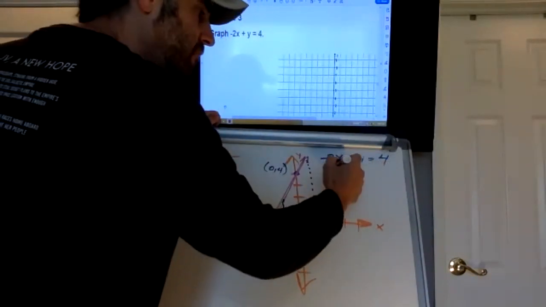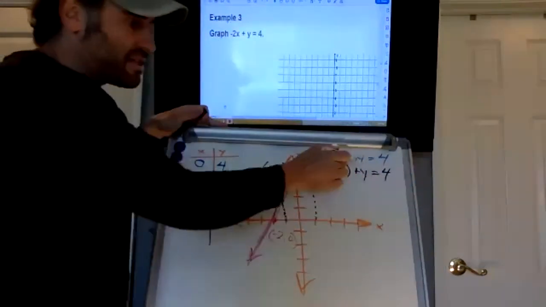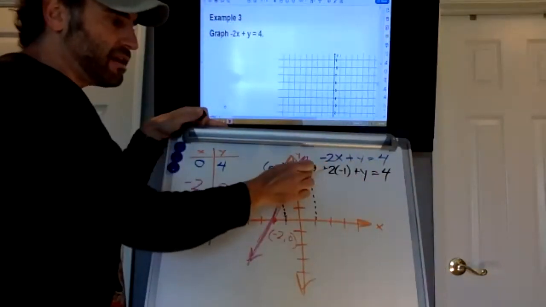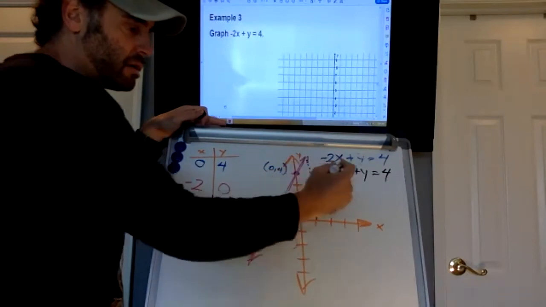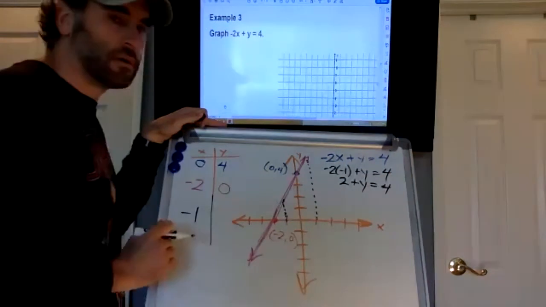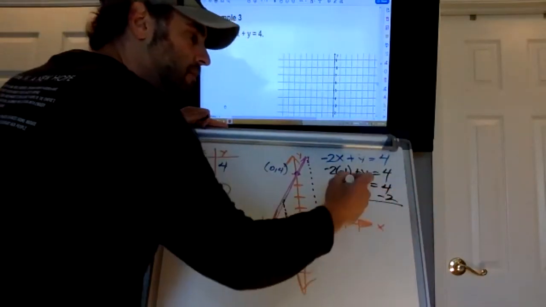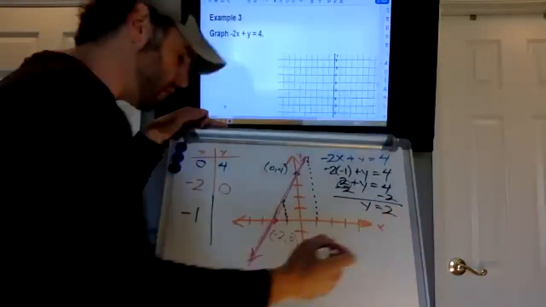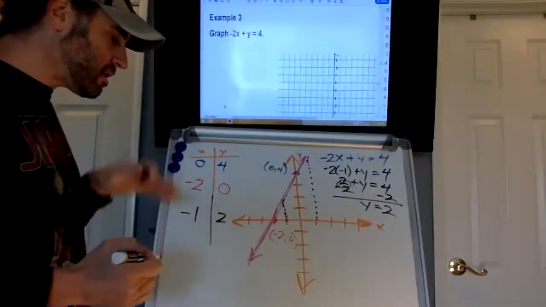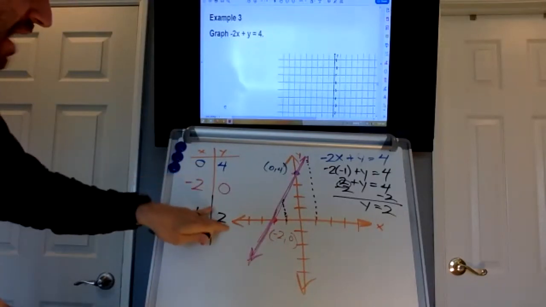When x is -1, plug in a -1. The y is still the y, the 4 is still the 4. -2 times -1 is 2, positive 2, plus y equals 4. Okay, and then subtract 2. Y is 2 when x is -1. So I can always go back to what we were doing with an xy table and find other points.